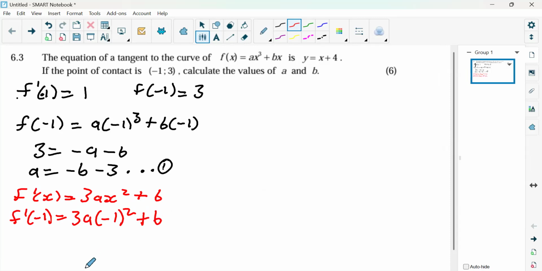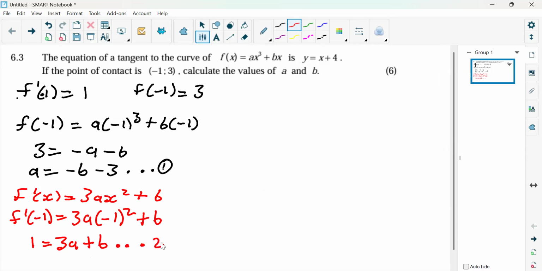Now remember, you know what f prime of -1 is. What is f prime of -1? It's 1. So you put 1 is equal to 3a, now positive, plus b. We can call this our equation number 2.